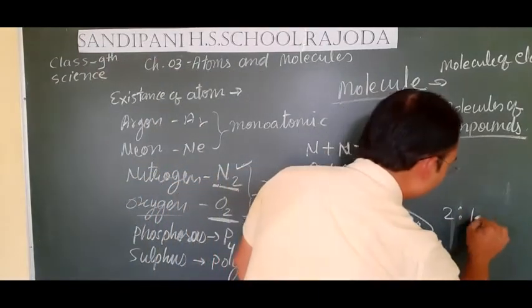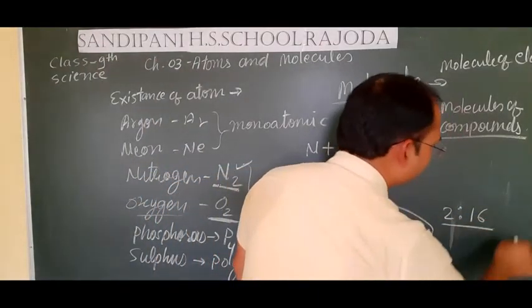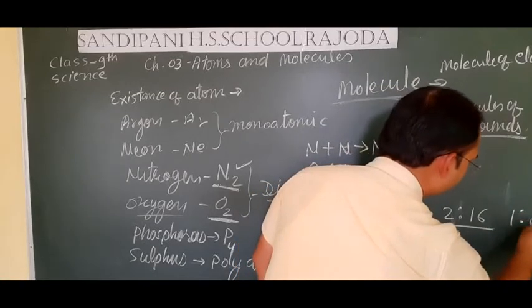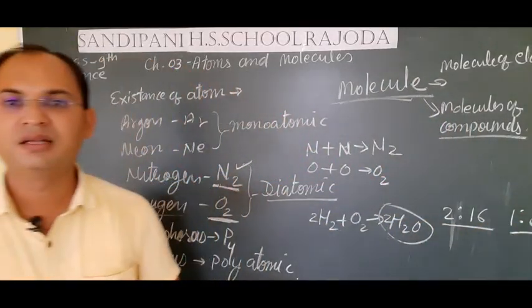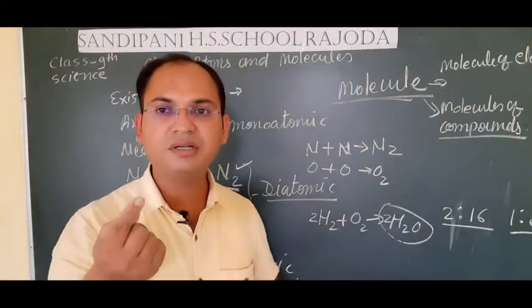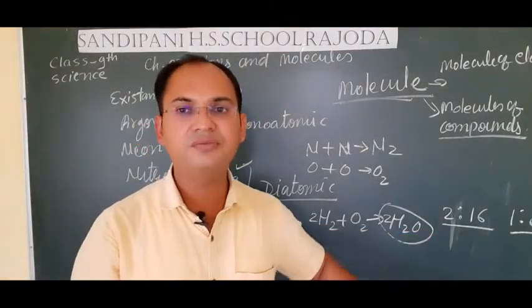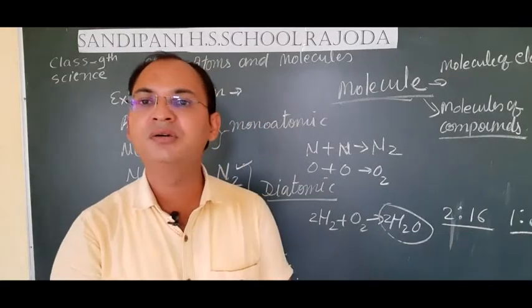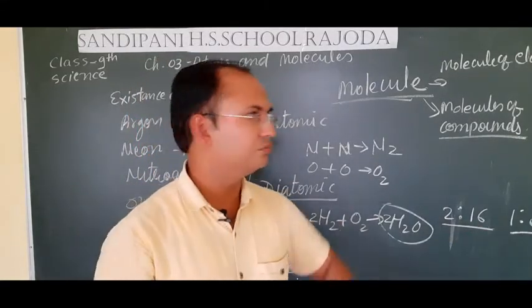So 2 is to 16, or we can say 1 is to 8. The amount of hydrogen and oxygen in one water molecule is in the ratio of 2 is to 16, or 1 is to 8.